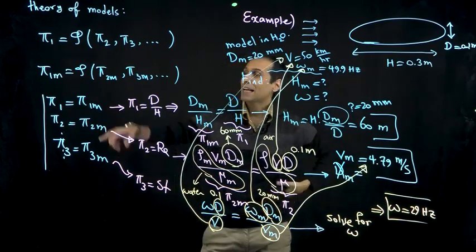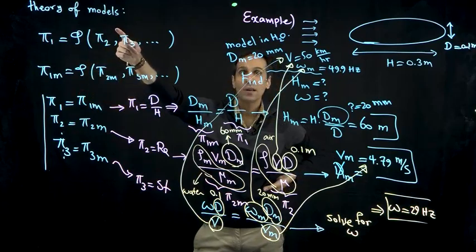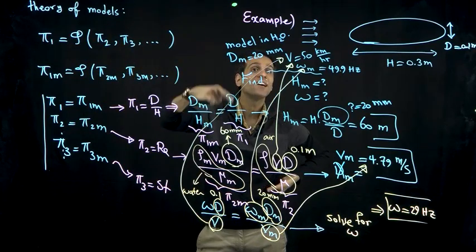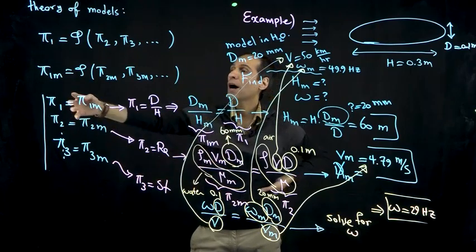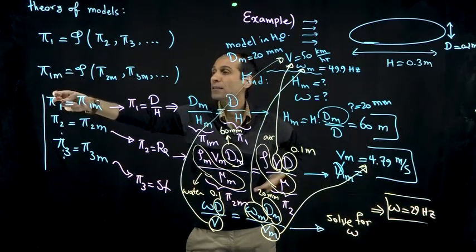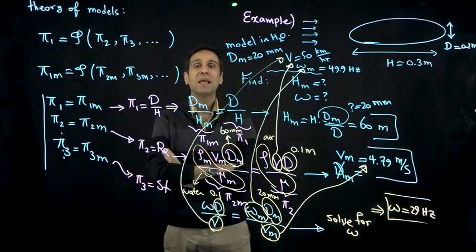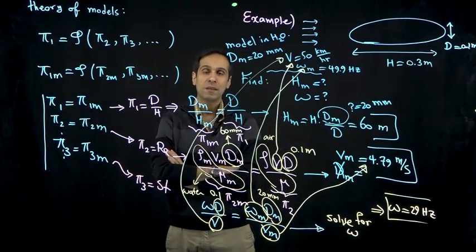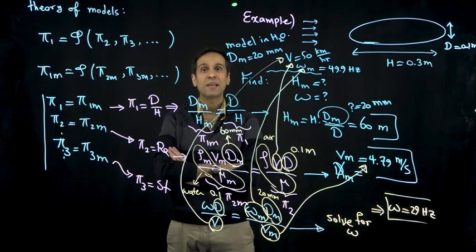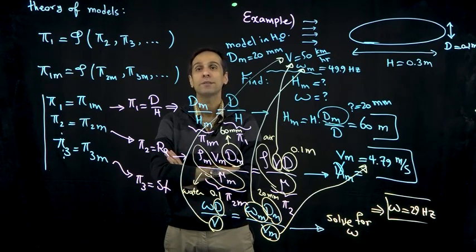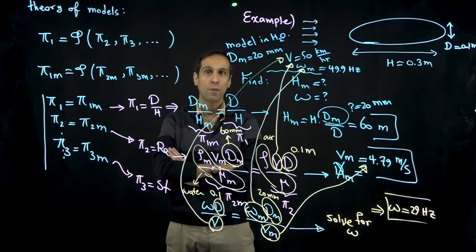I could take advantage of the theory of models, and the Pi-Buckingham theorem has already been employed where I predefine pi 1, pi 2, and pi 3. I hope this lecture helps you to understand the concept of dimensionless parameters and how you can apply them to some problems. Thank you.